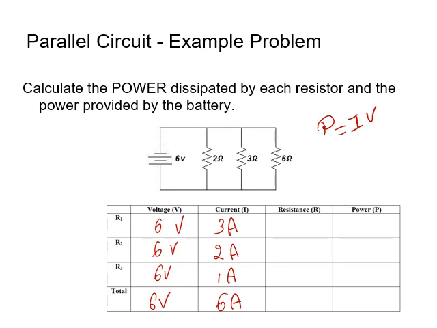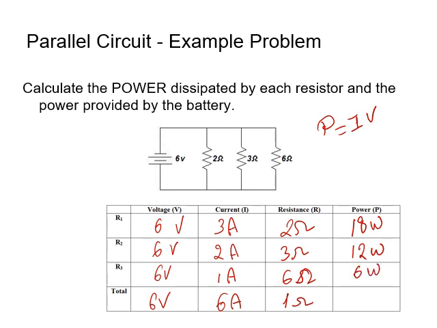And this resistance is 2 ohms, 3 ohms, 6 ohms, and the equivalent resistance is 1 ohm. Okay, so the power is IV, so the power here is 6 volts times 3. We got 18 watts. The second one is 6 times 2, 12 watts. And the third one is 6 times 1, which is 6 watts.